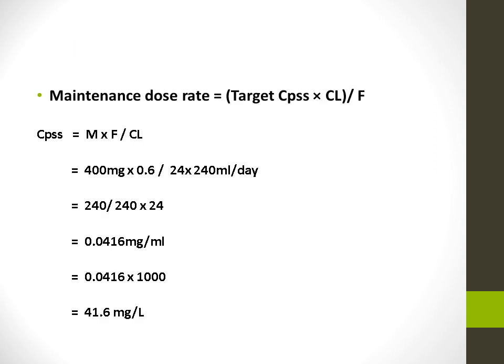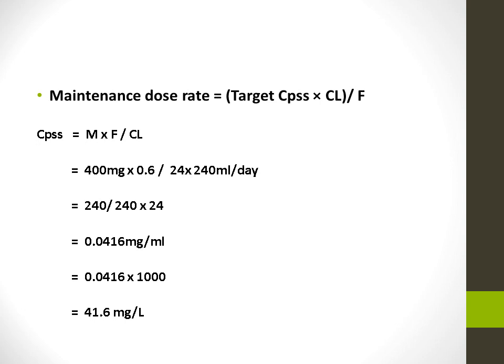Maintenance dose is equal to the target plasma steady state concentration into clearance divided by the bioavailability. So, target steady state concentration will be equal to maintenance dose into bioavailability divided by clearance. So, it's 400 mg, because 200 mg is given 12th hourly, 400 mg will be given 24 hourly, into 0.6 divided by 24 into 240 ml per day.